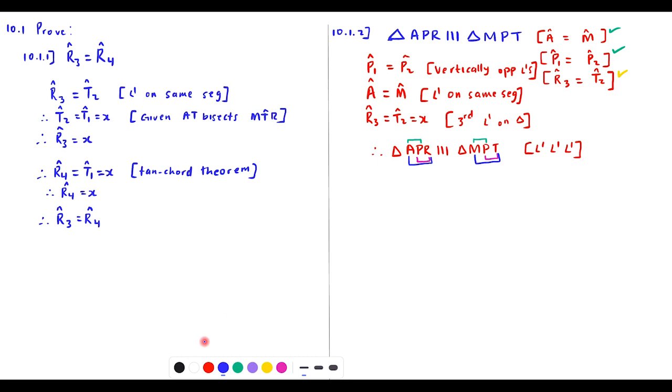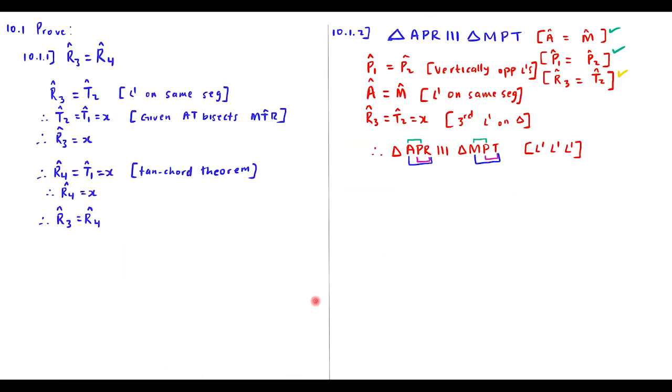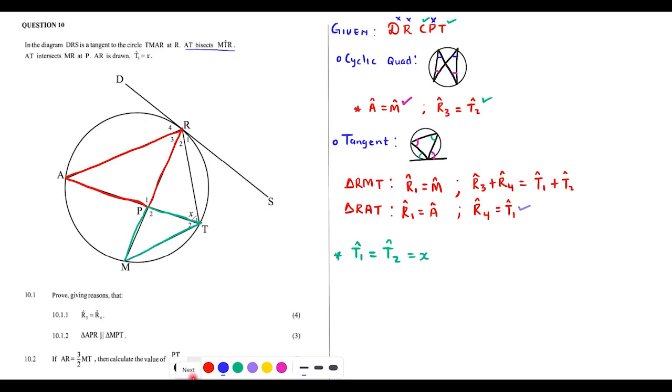So the next question says 10.2: if AR is equal to 3 over 2 MT, let's calculate the value of PT over PR. All right, so here, what is it that we're given? We're given that AR is 3 over 2 MT, and then the question says let's find the value of PT over PR.